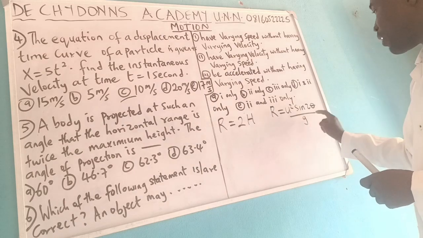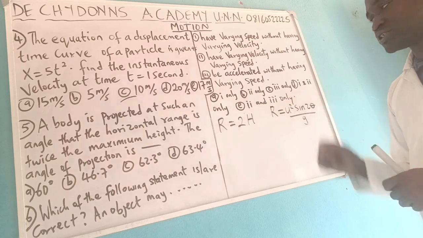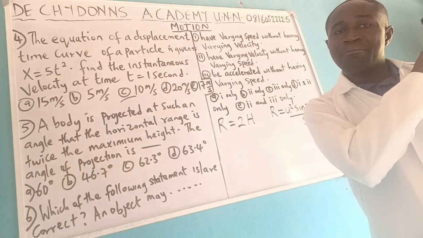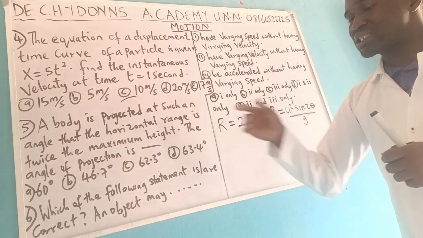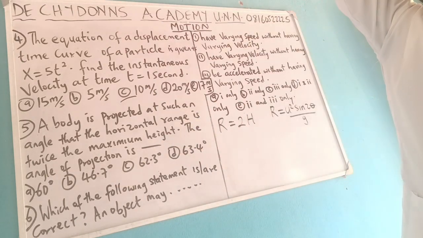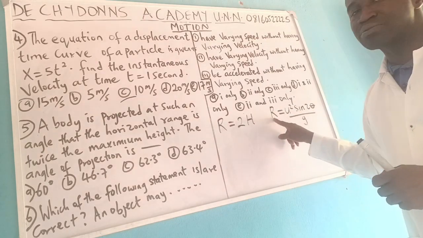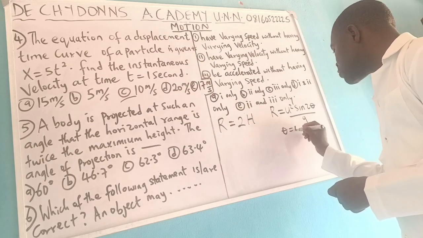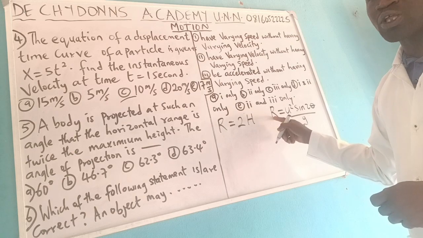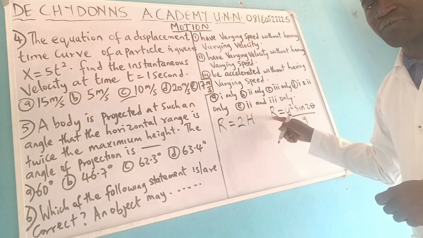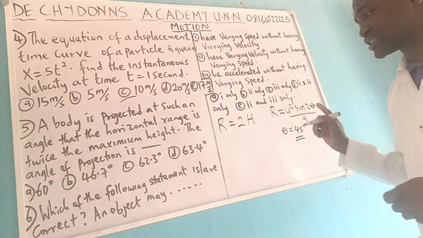Horizontal range means the maximum horizontal distance covered, whereas maximum height means the maximum vertical height covered. This R is maximum at theta equals 45 degrees. Please note this, don't forget it.